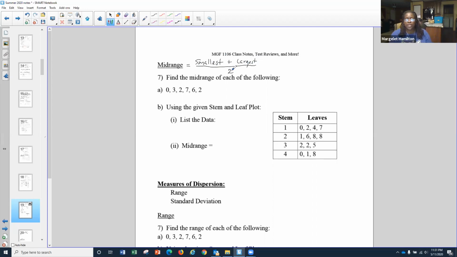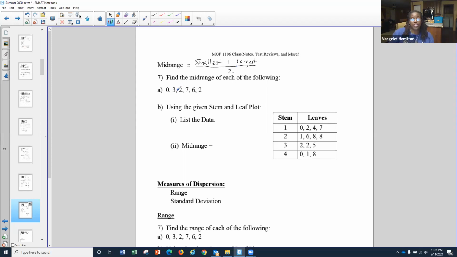And that's going to give us our mid-range, right? So they're going to give you some set of data, and then you're going to find the mid-range. So you don't have to put this in order or rank it. You just simply need to identify your smallest value plus your largest value and divide by 2.